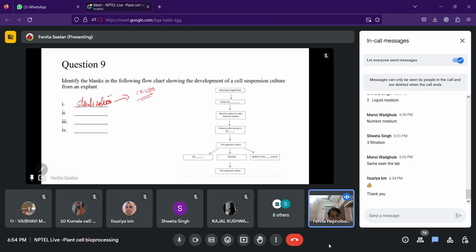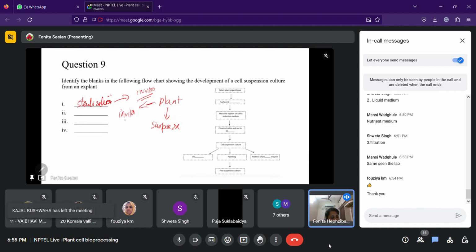Do you think surface sterilization needs to be carried out? For any sterilization to happen, there should be plant material. My question is, if this plant is already produced in vitro in bottles, do you think surface sterilization is necessary?